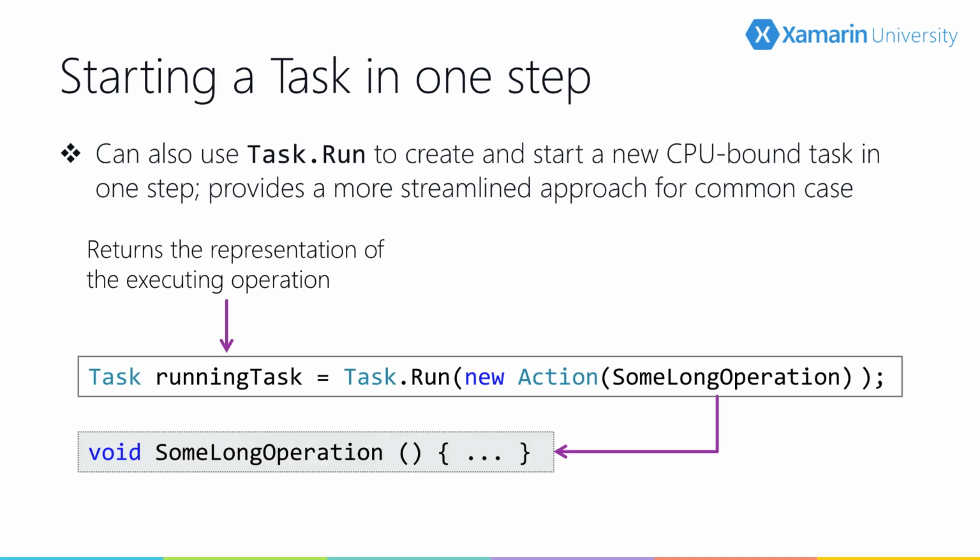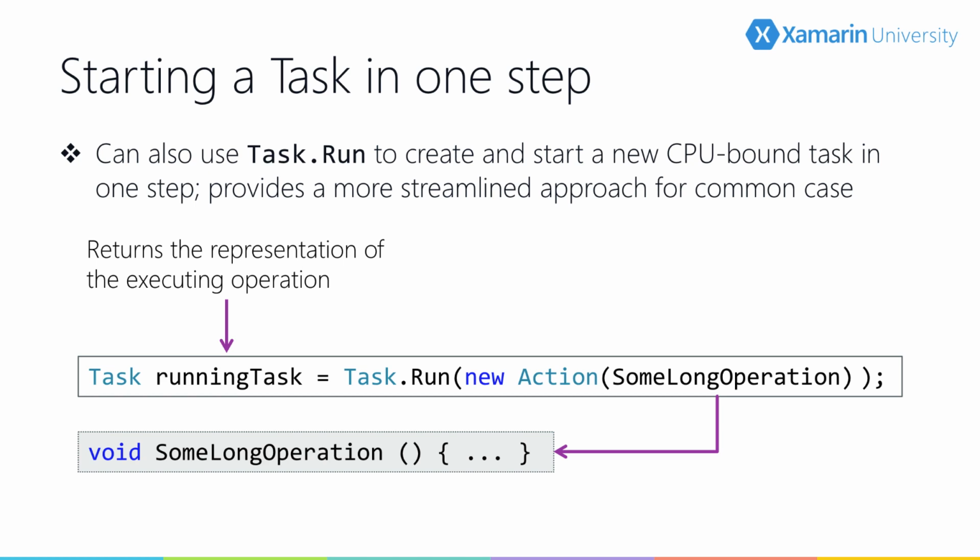If taking 2 steps to start a task seems like a lot of work, you'll be happy to know that in .NET 4.5, Microsoft introduced a single-step API that allows us to create and start tasks through the static Task.Run method. This is really the method that I encourage you to use. This is the recommended way of creating tasks that should be scheduled on a thread pool.